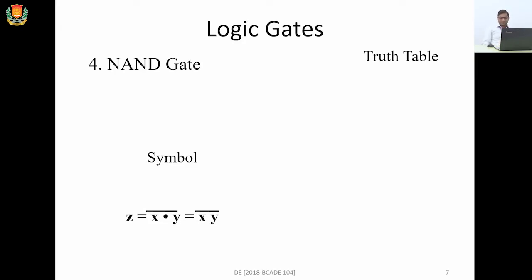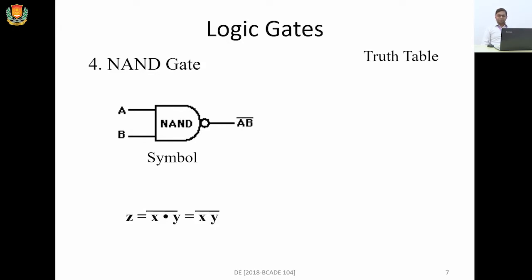As you can see the symbol on the screen, the NAND logic gate also has at least 2 inputs, or it may have 2, 3, 4, 5 up to n inputs, but it needs at least 2 inputs. The symbol for the NAND logic is a little bit similar to the AND plus NOT combination. It is exactly the combination of an AND gate followed by the NOT gate.